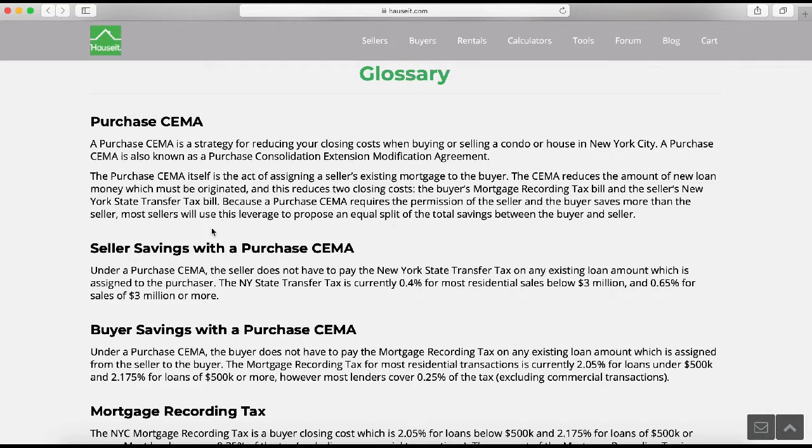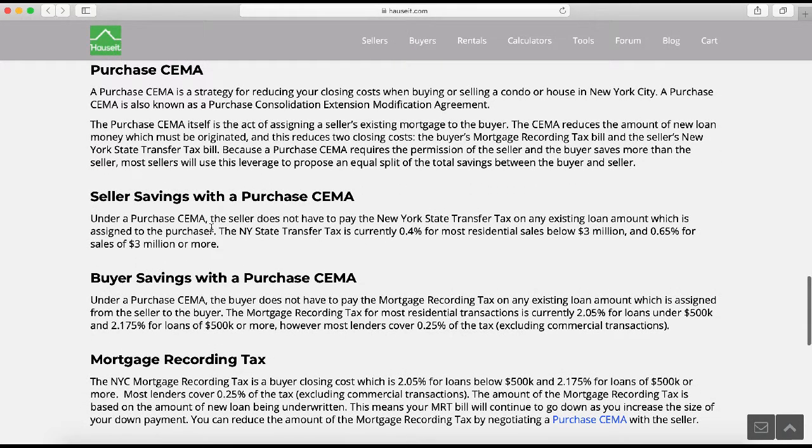Therefore, they would not have to pay any amount of mortgage recording tax on the deal. Now, the buyer's mortgage recording tax is one of the largest closing costs in New York City. It is 2.05% for loans below $500,000 and 2.175% for loans of $500K or more. So it is pretty substantial.